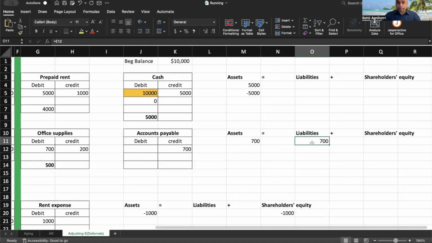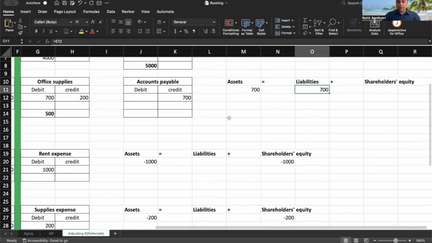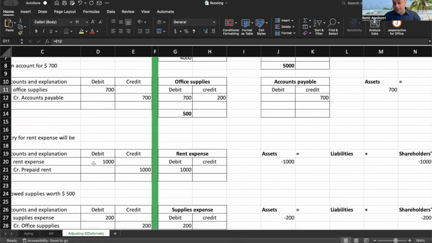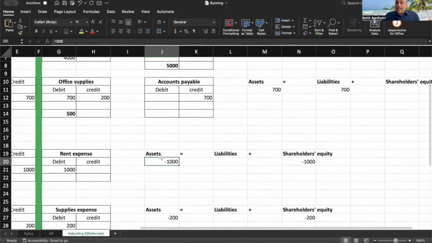Okay. Third one. You had adjusted your accounts for the rent. Okay. So $1,000 came out of your asset, which is your prepaid rent. So $1,000 came out of the assets. At the same time, because it was an expense, your shareholders' equity also goes down.